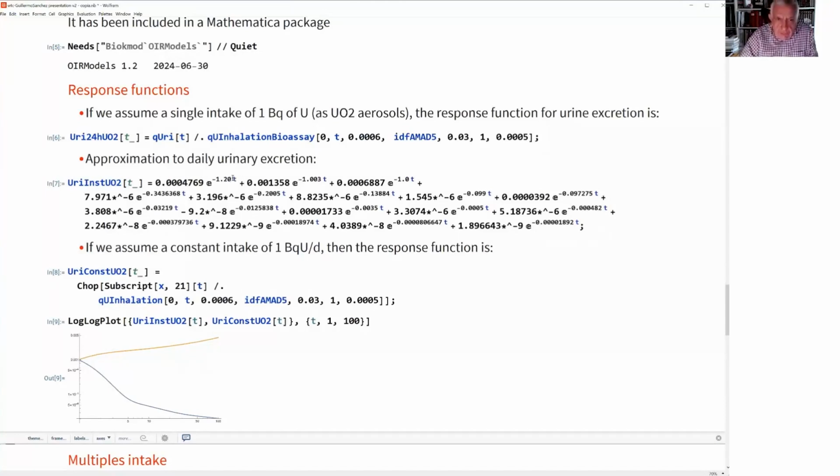You only need to write the natural day, for instance day 3 after the intake, and you will have the fraction of the quantity intaken that is eliminated by urine excretion. We will also need the response function when you continuously intake uranium, 1 becquerel every day. We will need it later. And here is represented the evolution of the urine excretion in both cases.